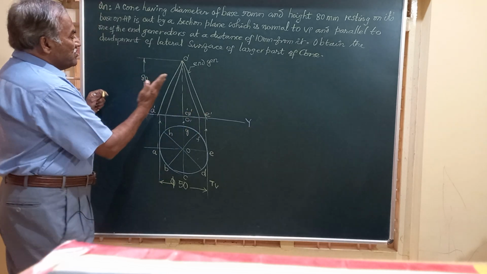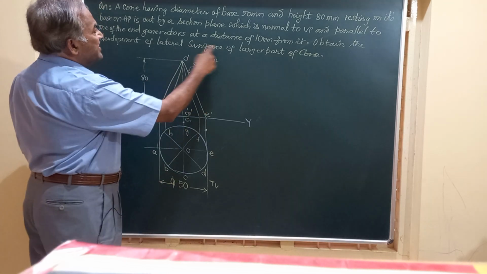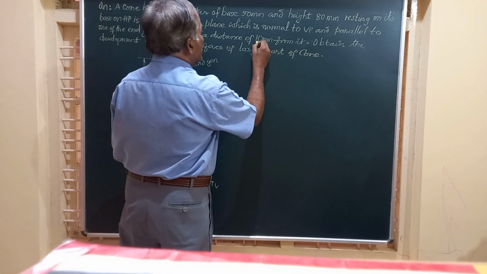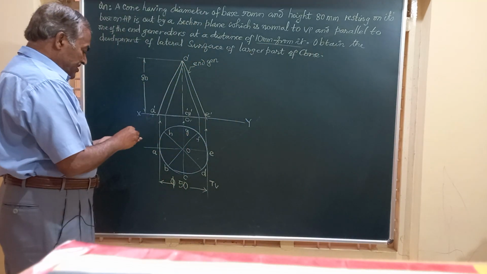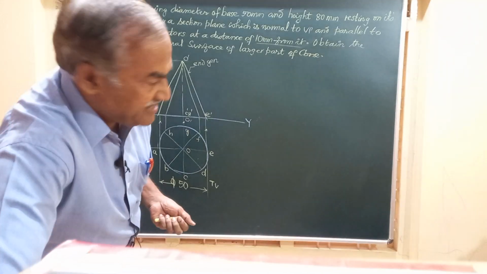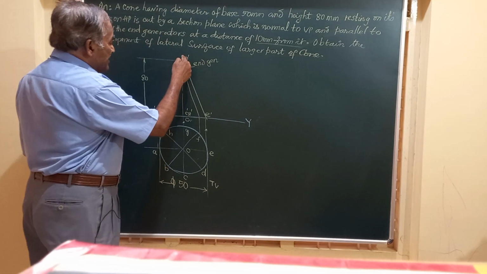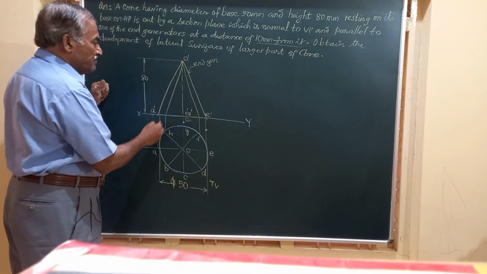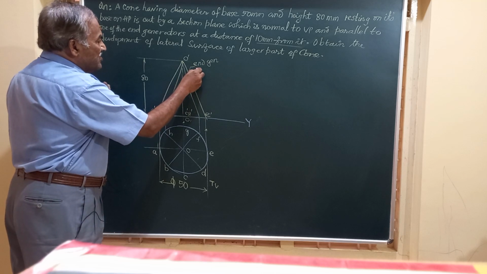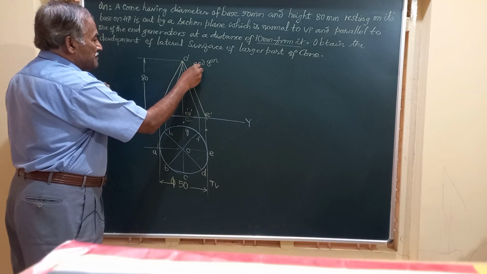The section plane is to be parallel to that and at a distance of 10 millimeter from that generator. So friends, here I am going to mark a line representing the section plane at a distance of 10 millimeter from there.